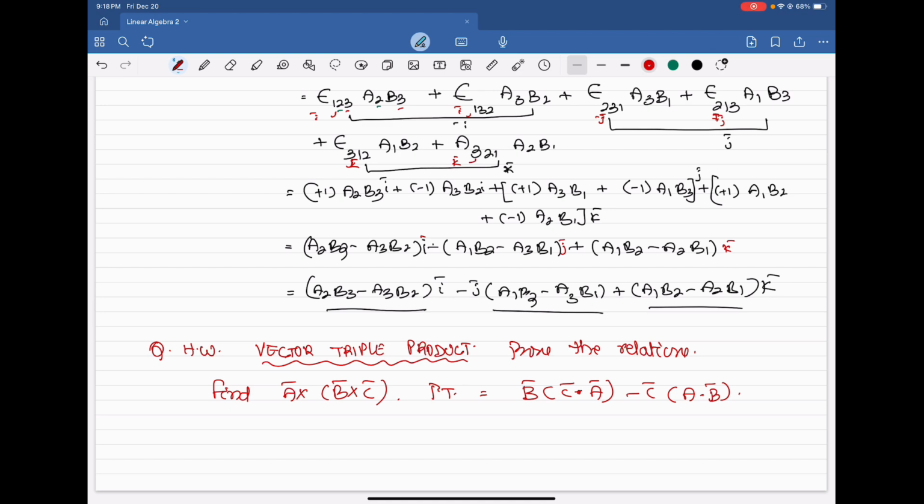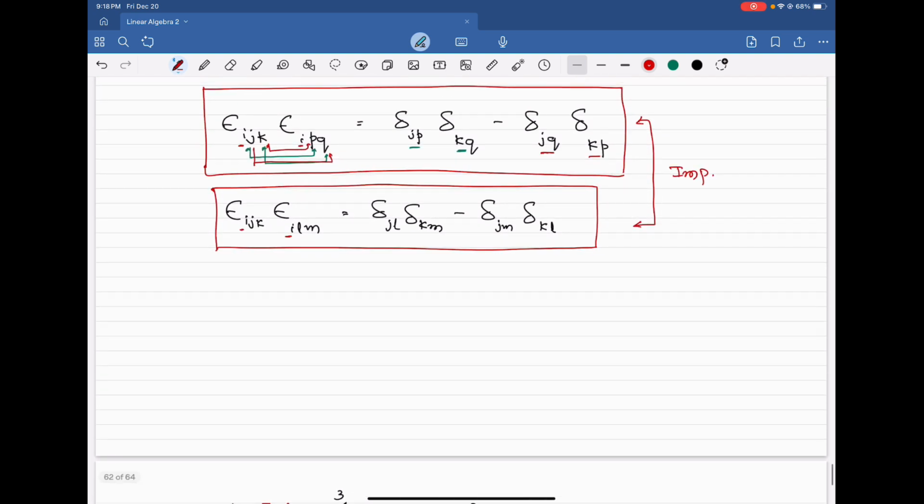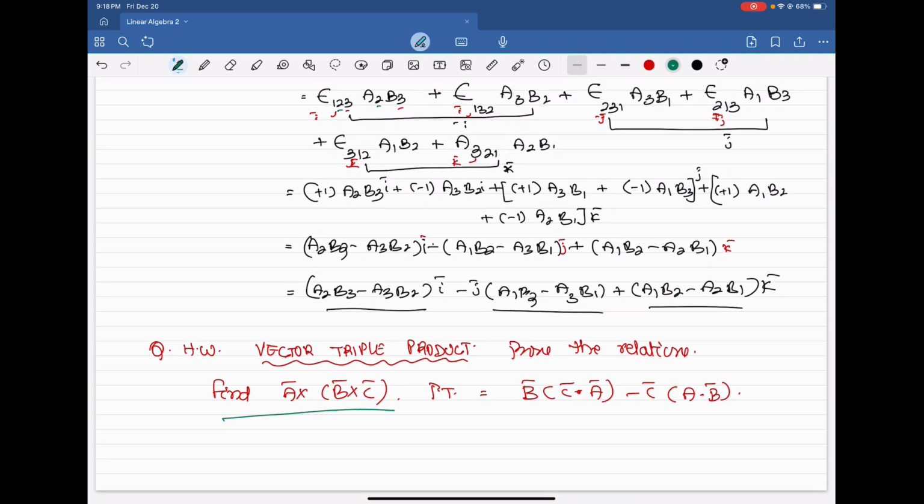But with the Levicivita symbol relation, along with the Kronecker delta, that epsilon ijk into epsilon ilm is equal to delta jl into delta km minus delta jm into delta kl. With this relation, we can easily, very easily prove this vector triple product relation. This I will do it in the next class.